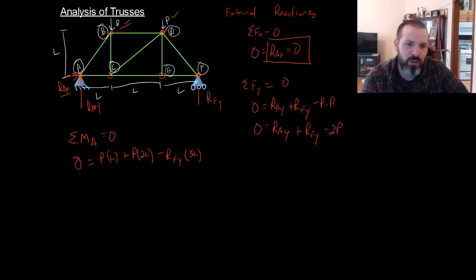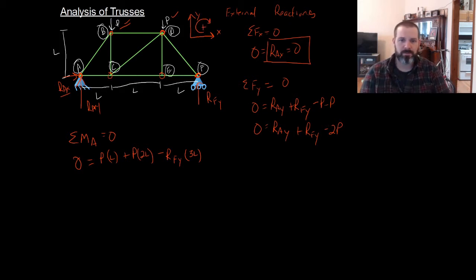It has to go with what direction it's causing the rotation. So for my sign convention, I've said that x is positive to the right, y is positive up. Moments are positive if they're acting clockwise. Now, here I have one unknown, one equation. I can solve, and I'll find that RFY will be equal to P.